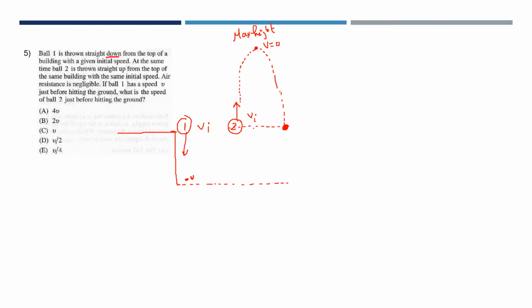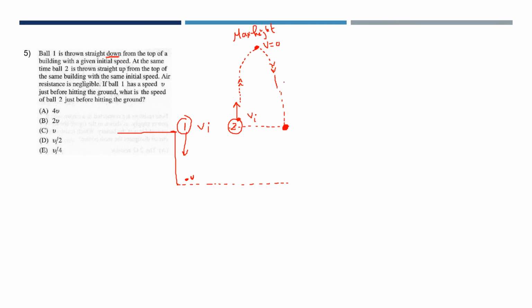Yes, we have said this in the last video. Ball 2 moves straight upward from this point to the maximum height. As it's moving upward, it has a decreasing velocity until it reaches the maximum height where velocity equals 0, and then it comes back moving downwards with gravity.